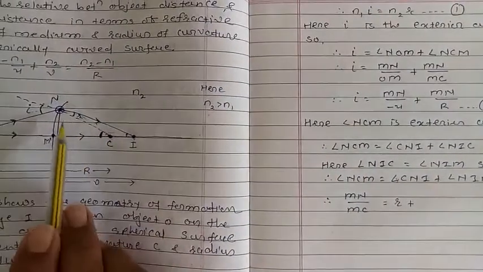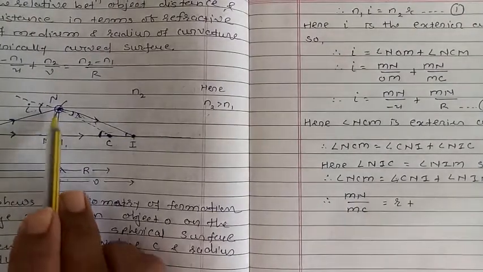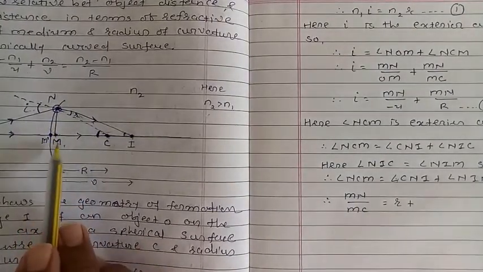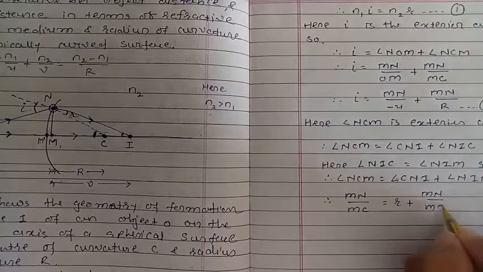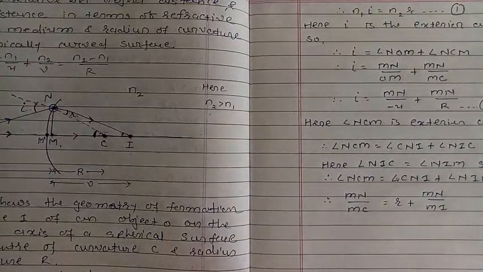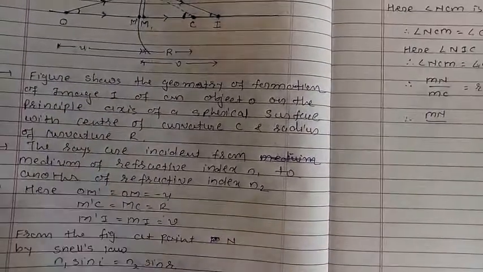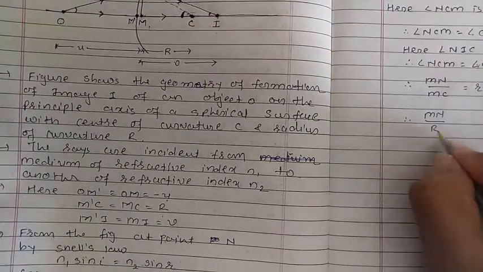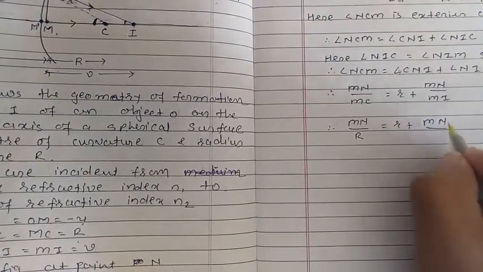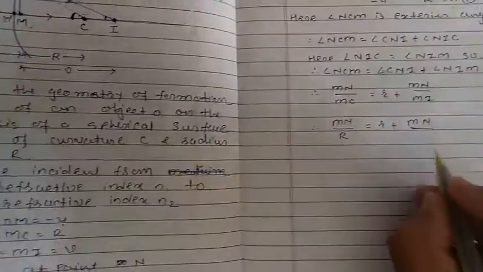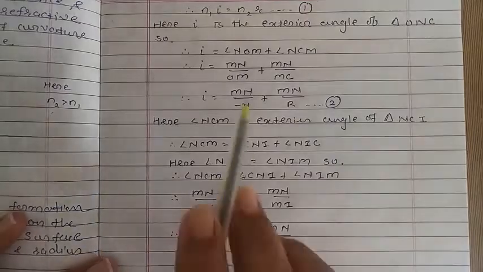For NIM, opposite side is MN and adjacent side is MI. So MN upon MI. Now we have to put the values. MN as it is. Value of MC is R, so it is equal to R plus MN upon MI. Value of MI is V. Now friends, we have to find out the value of I and R.